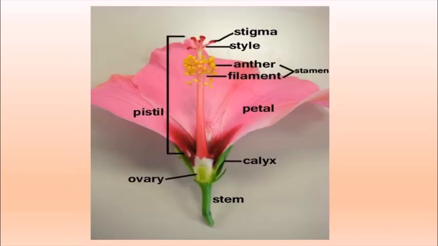Now what happens is, due to many reasons, the anther bursts. When the anther bursts, pollen grains are released into the air. That pollen grain, because of pollination, goes and attaches to the stigma here.